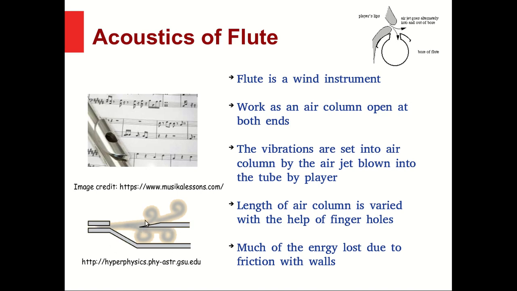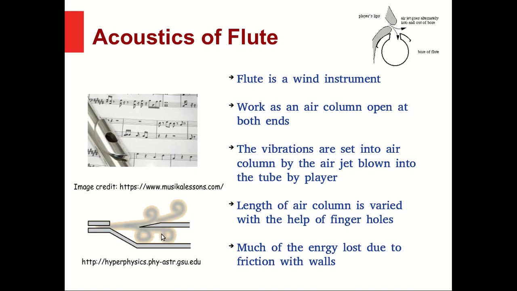Here I have given some example. Suppose a player leaves air here like this. It blows air not directly into the bore or the cylindrical part of the flute, but pours the air on the edge of this embouchure hole. Now, as air arrives at this embouchure hole, a part of the air enters into the flute body and a part goes outside, as shown in this place.